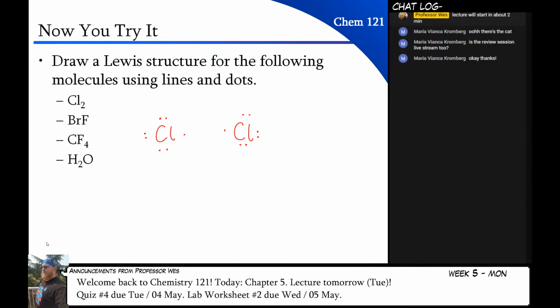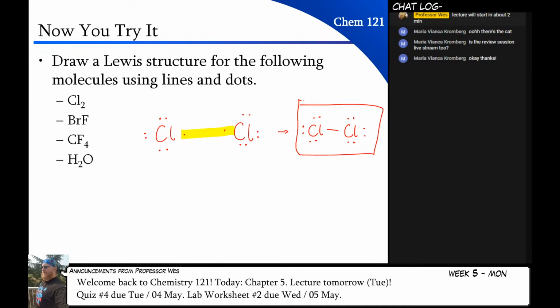So what I'm going to do is share these two. And in doing that, my structure then becomes that. And that's the Lewis structure for Cl2 with a bond in it.